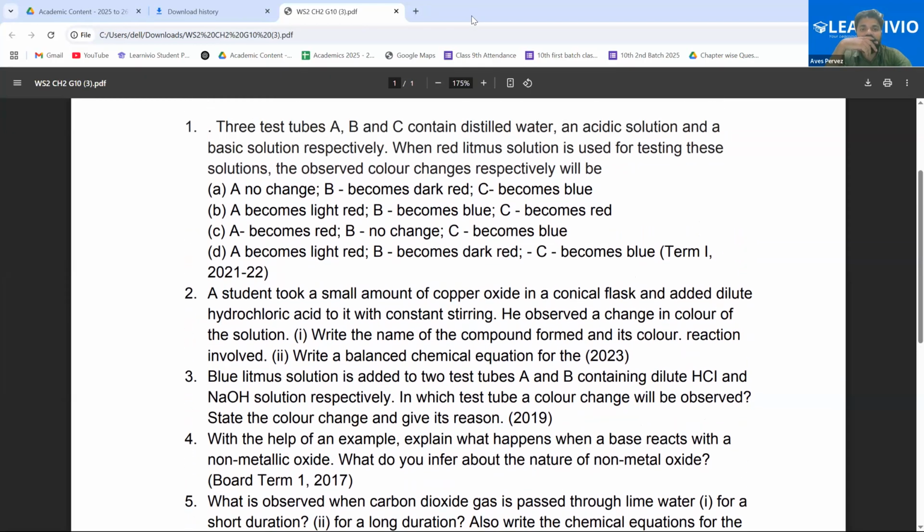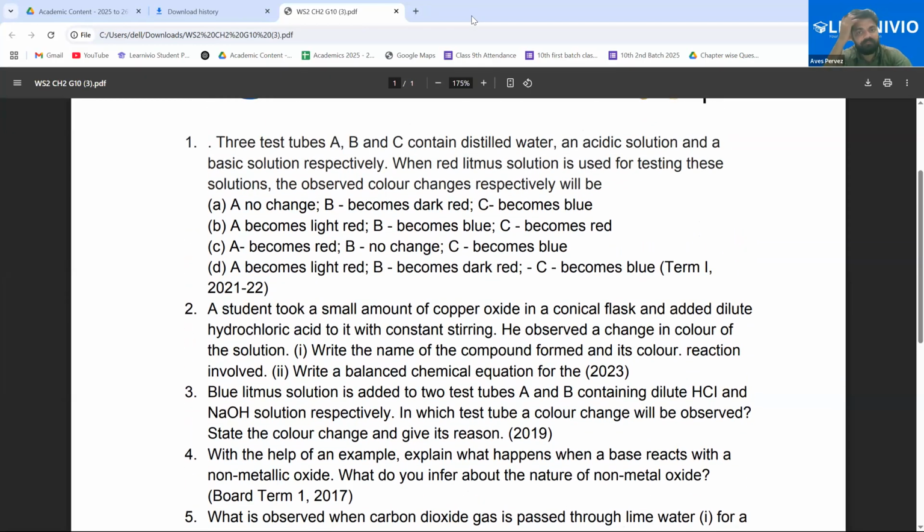Very simple question. Three test tubes A, B and C contain water, an acidic solution and a basic solution respectively. The first one, A, has distilled water.